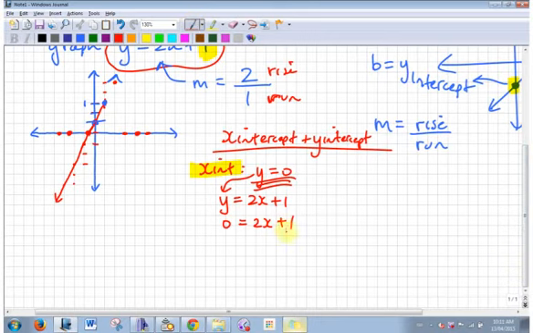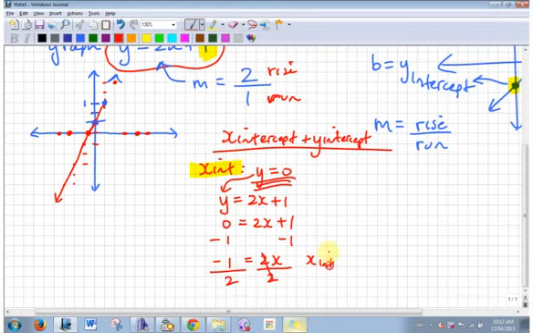First, get rid of the plus 1 by subtracting 1. Whatever you do to one side, do to the other side. So I got negative 1 is 2x. That's one step. Second step, how do I isolate for x? How do I get rid of that 2? Divide. Whatever you do to one side, do to the other side.